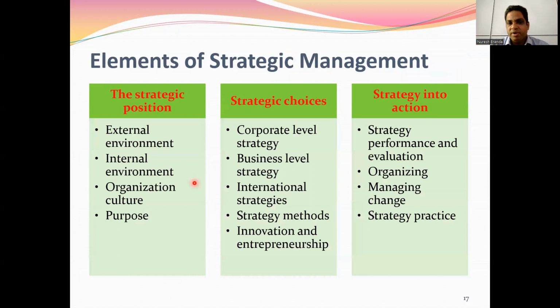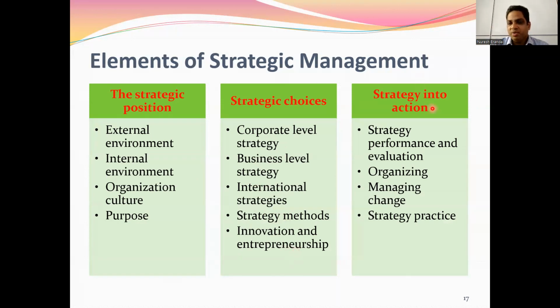Okay, the components included in each of these elements are available here. On strategic position, in the syllabus, we are looking at the external environment, internal environment, organization culture, and even the purpose. Under strategic choices, we are looking at different strategy levels: corporate, business, international, strategy methods, innovation, and entrepreneurship.